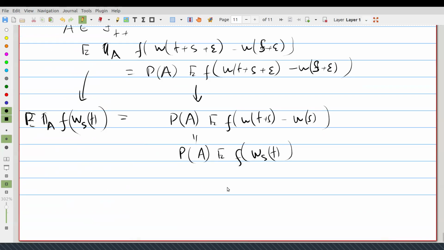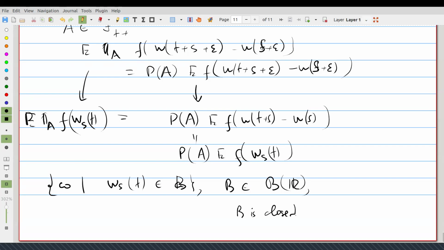And now we can take any set of the form B, where B is a Borel set, and B is closed. And because we have this, we can now approximate indicators of such sets with the function f.